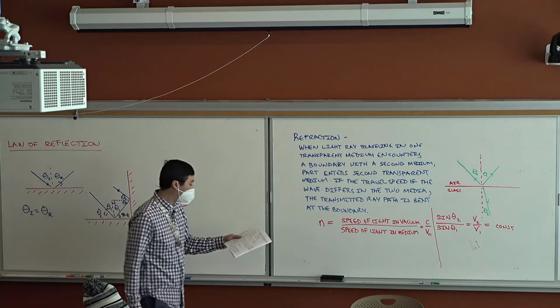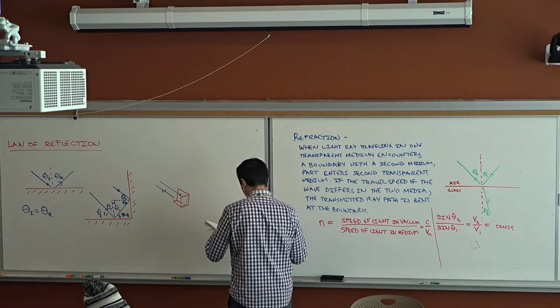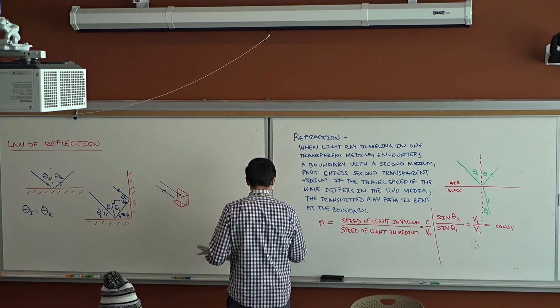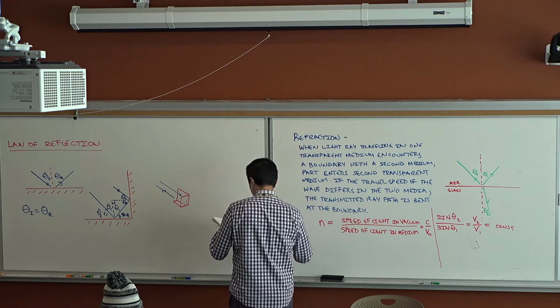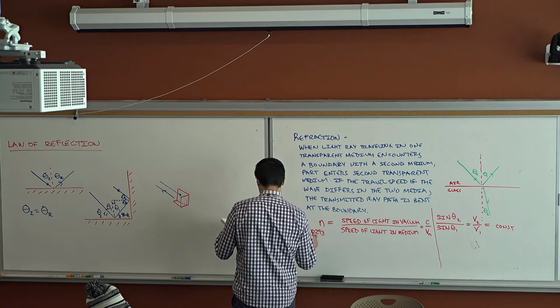And so, here, I'll do it this way. n for air is about 1.000293, right?